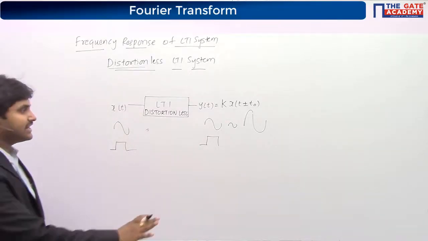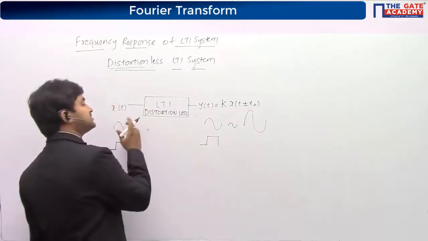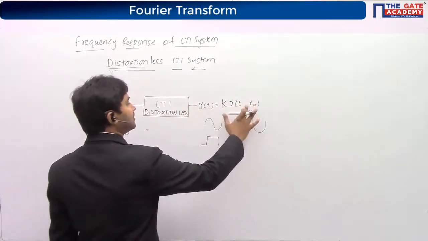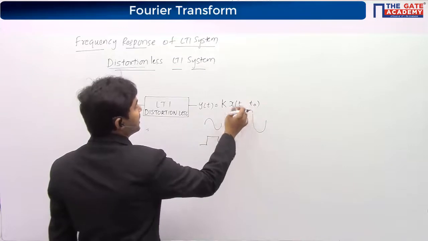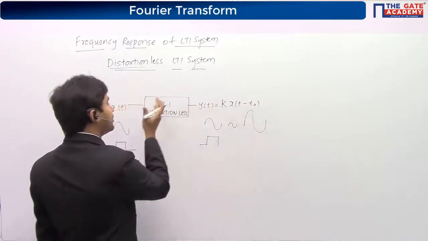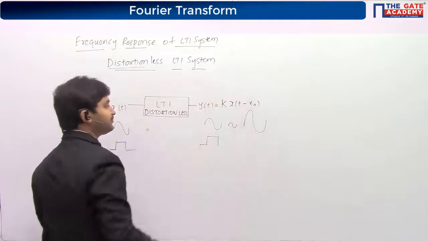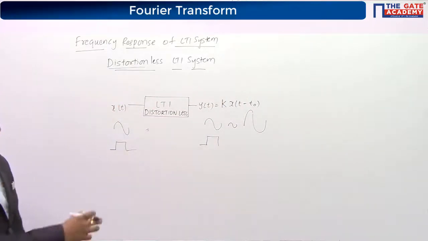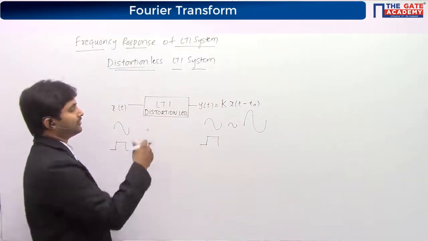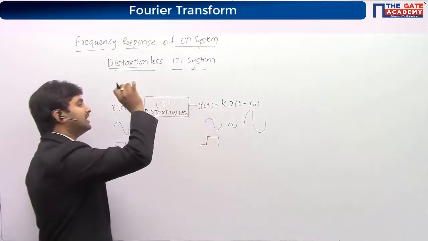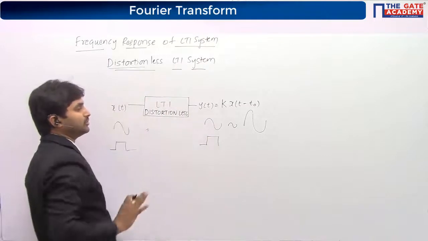In a general case, when you pass x of t through the system, the output will generally be delayed, unless you are using an advancing system. Whatever function the system is doing, the output will be delayed compared to the input.